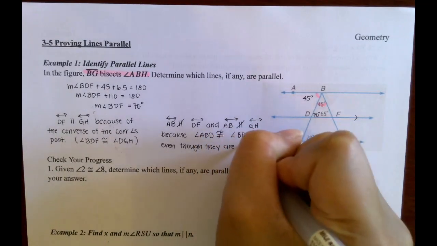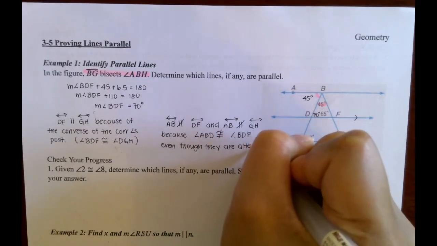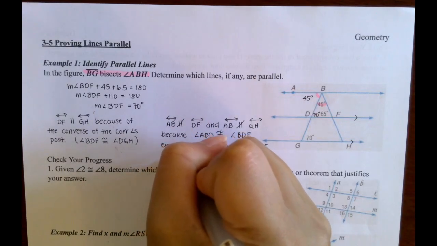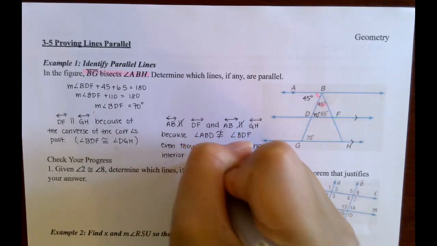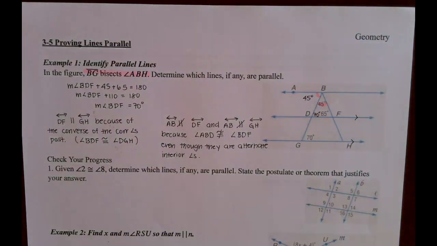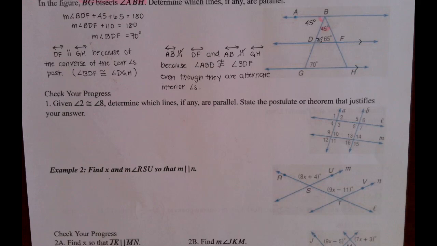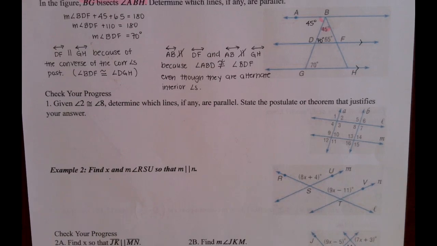Because if they were parallel, these alternate interior angles would be congruent. Okay. So now you're going to try CYP1 here, and then state any postulates or theorems that justify.